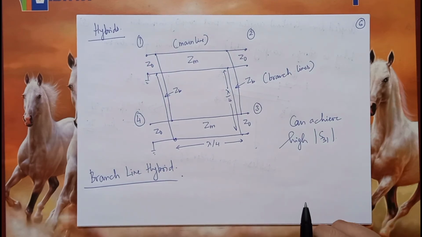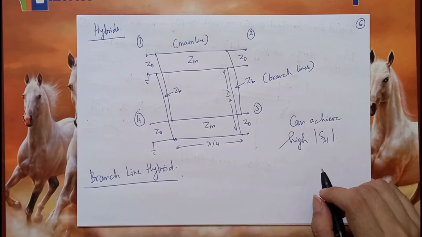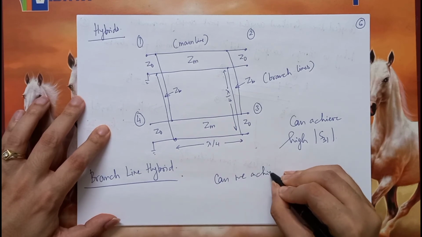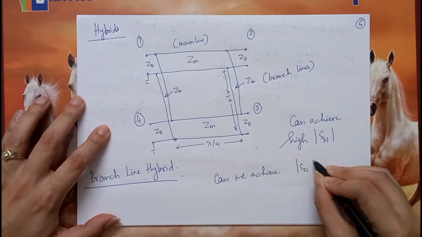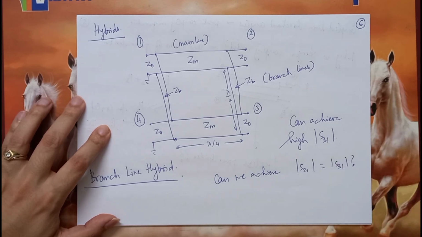Now suppose we say, can we achieve mod S21 equals mod S31? That's a question. Well, we could achieve this if, let us say, the input is at port 1.